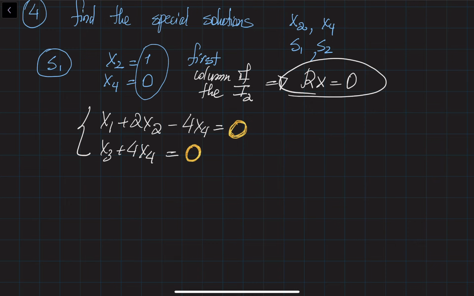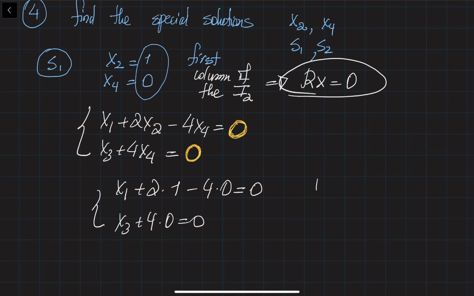I'm going to set x2 equal to 1 and x4 equal to 0, and try to solve this equation. It's going to be x1 plus 2 times 1 minus 4 times 0 is equal to 0. x3 plus 4 times 0 is equal to 0. From here, it is easy to see that x1 is equal to minus 2, and x3 is equal to 0.